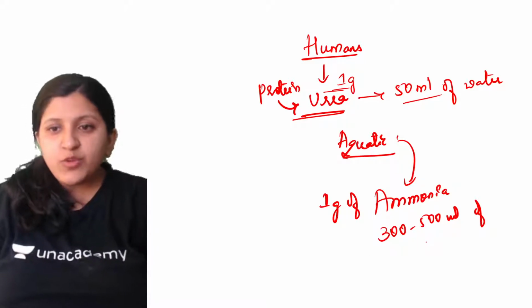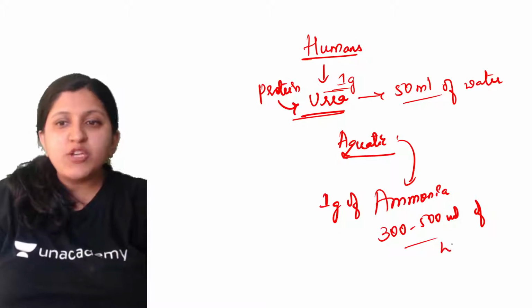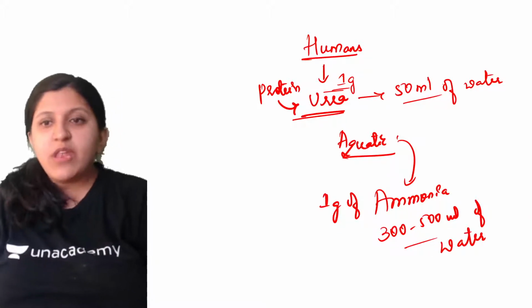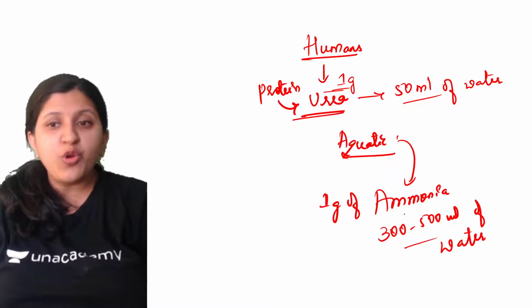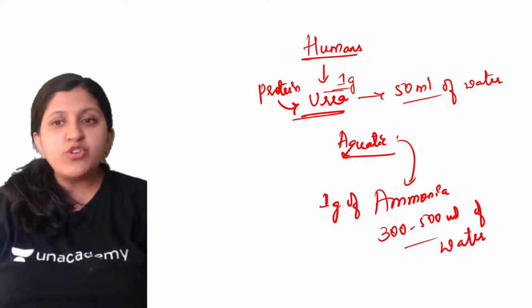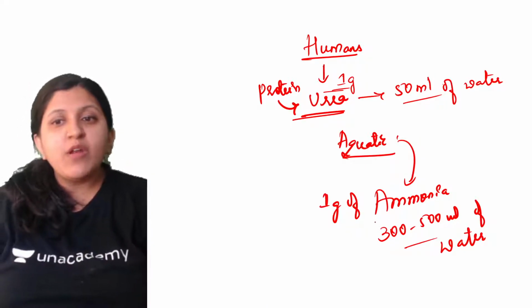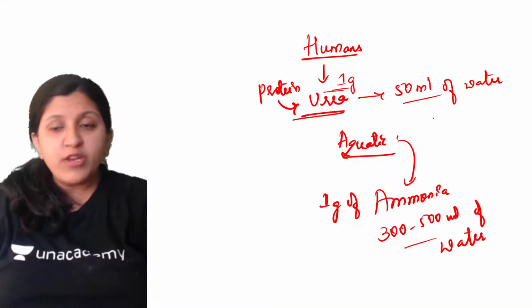But to get rid of 1 gram of ammonia, at least this much water is required. We are not sure whether we take this amount or not, so lots of water is required here.